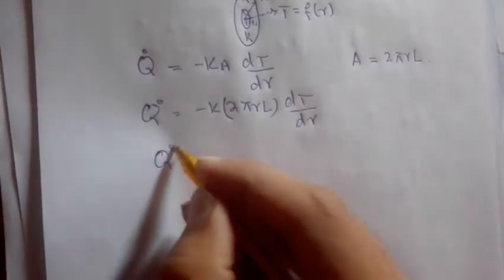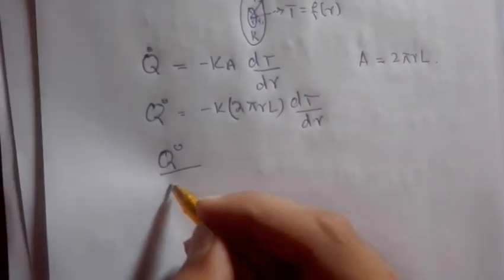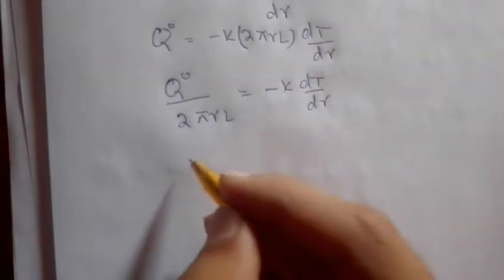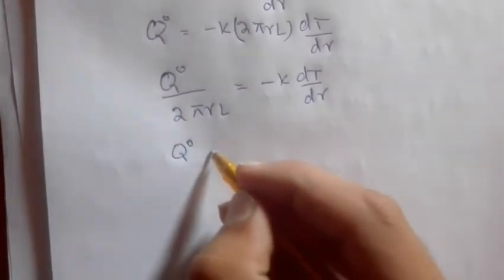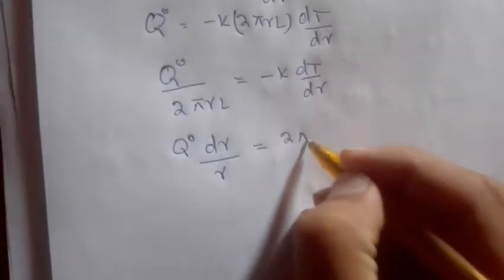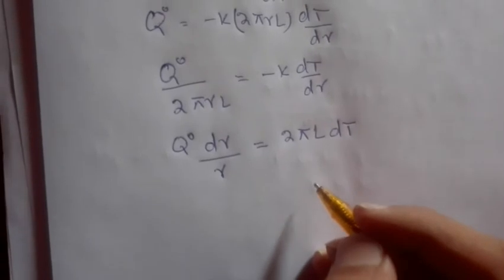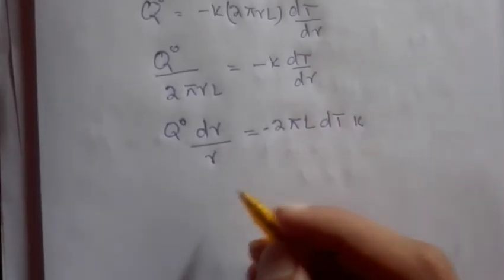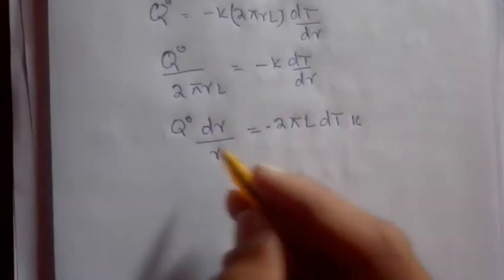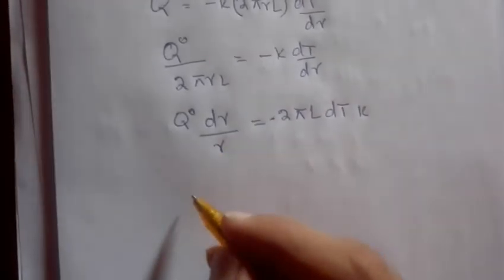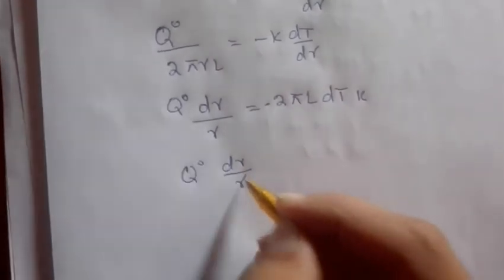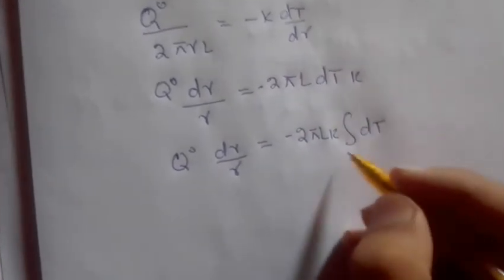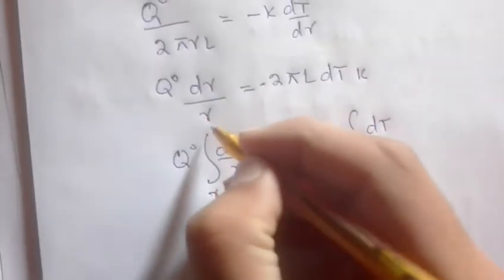So Q_r divided by 2 pi r L is equal to minus K dT by dr. We can also write Q_r dr by r is equal to minus 2 pi L K dT. This is the heat rate. Take the integral of both sides, from R1 to R2.